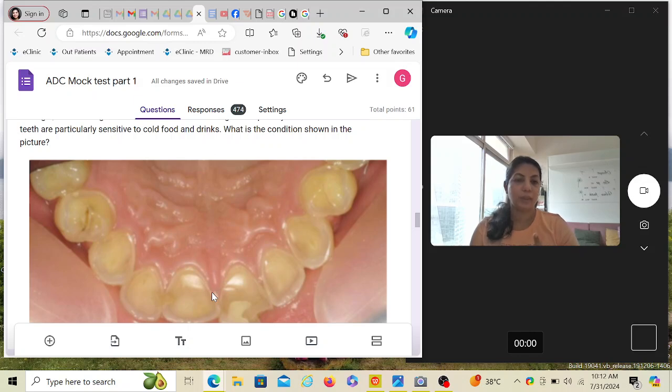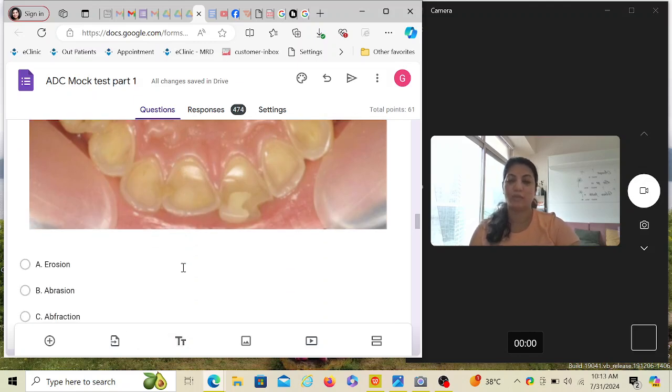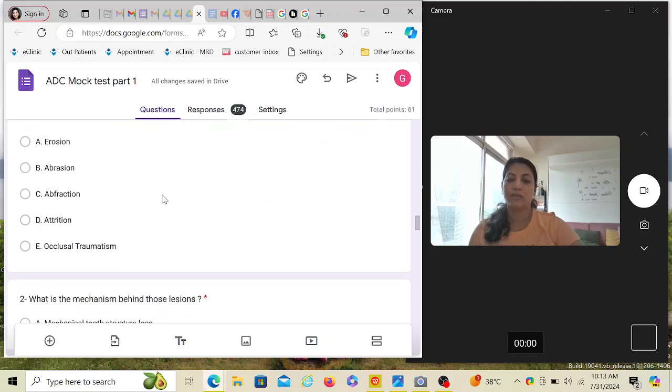Getting the question and the options correct is itself a huge task, because whoever has given the exam or is about to give it, you don't get the question paper outside. So you just have to remember and make it. Whenever you see the picture, assume this is 80% of the exam, and you'll get the exact picture in the exam. So here the answer is erosion.